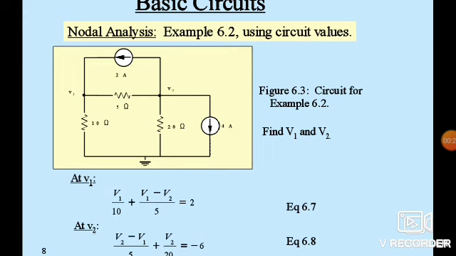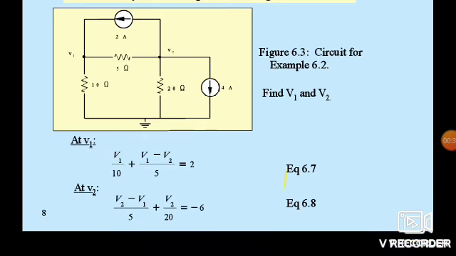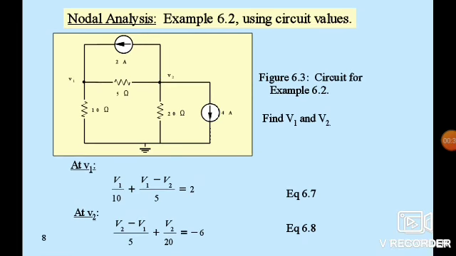So it is for the node 1, that is V1, and for the node 2, V2, we have to form the current equation. For the node V2, the current flowing through the resistance 5, (V2 minus V1) by 5, will be considered as the outgoing current. So (V2 minus V1) divided by 5 plus the current flowing through the 20 ohm resistance, V2 divided by 20, is equal to the sum of the currents, which is minus 6.